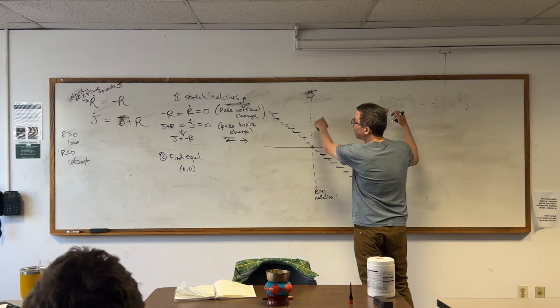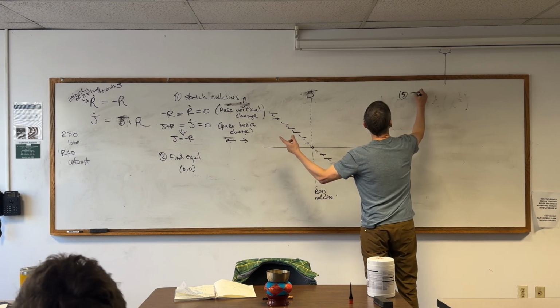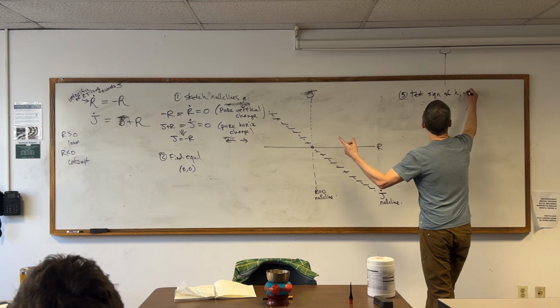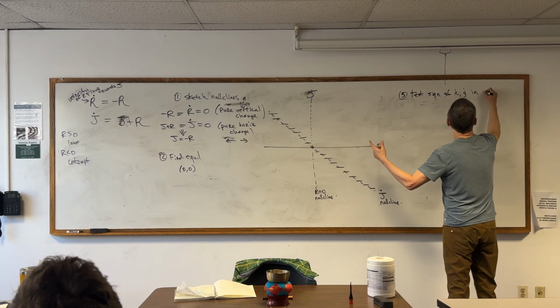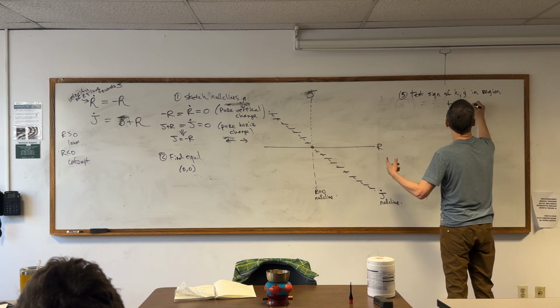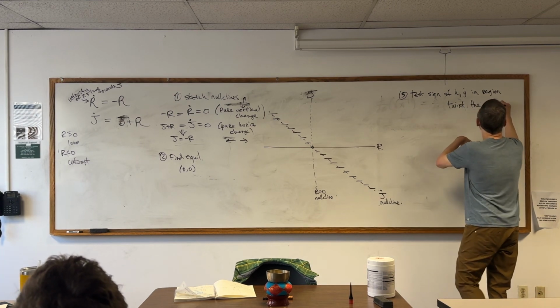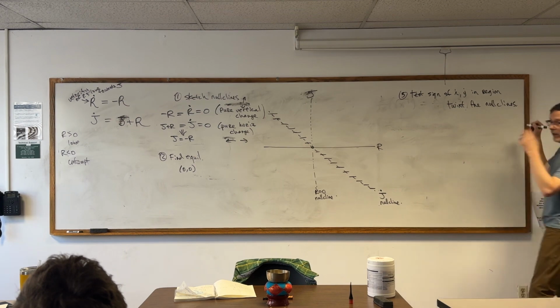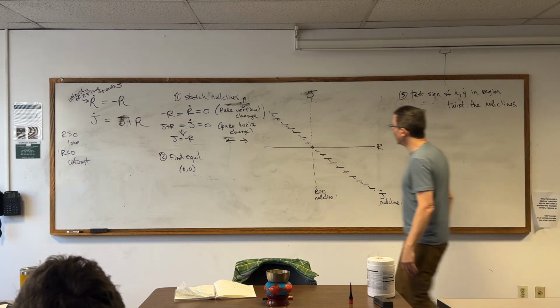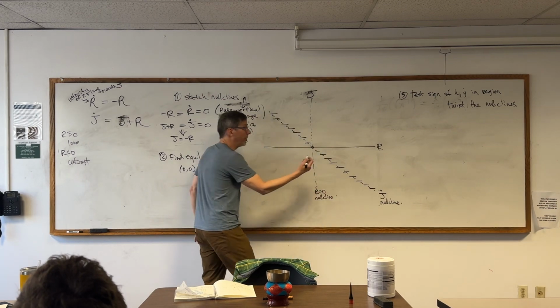So that's step 2. Step 3 is test the sign of x dot and y dot in the regions betwixt the nullclines. We know where those rates are 0. It's exactly on those curves, so it's non-zero everywhere else. To do that, just grab a couple of points.